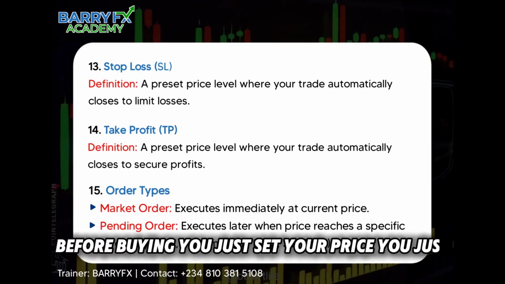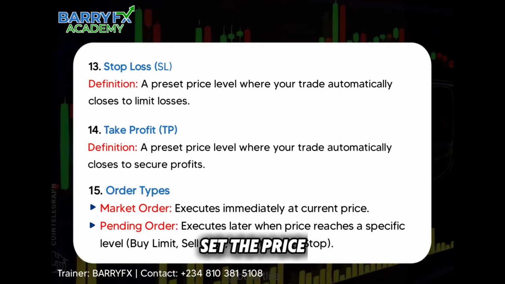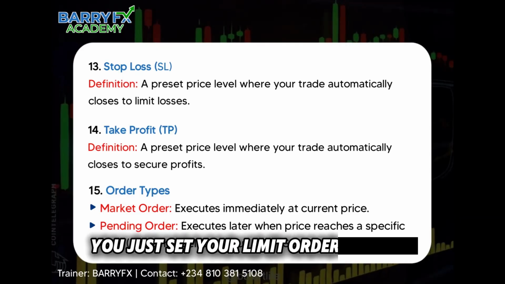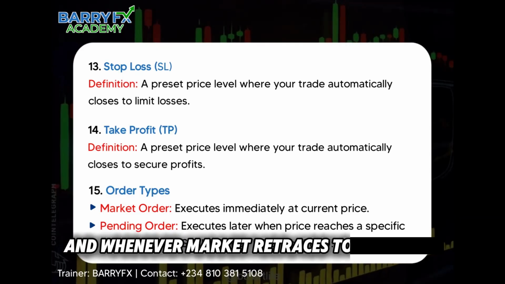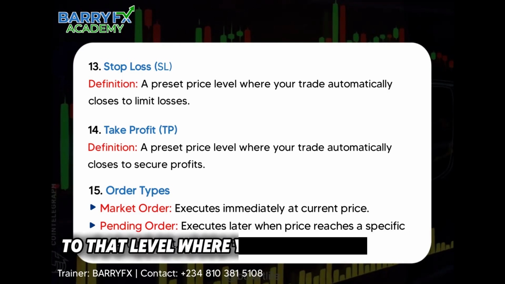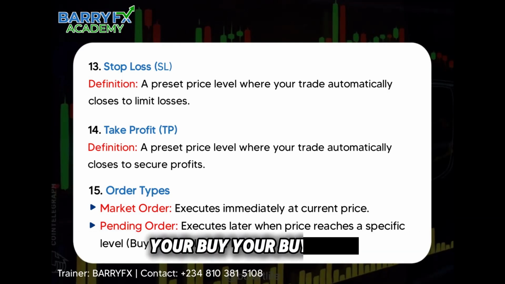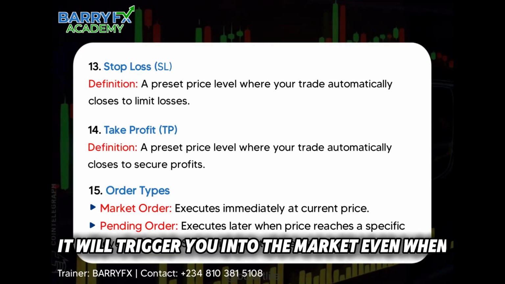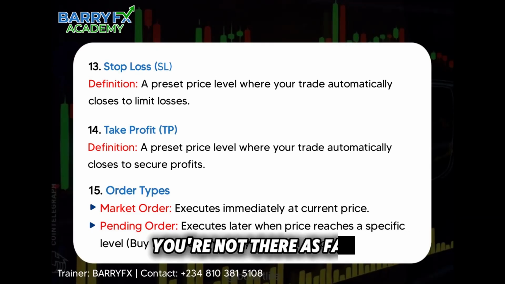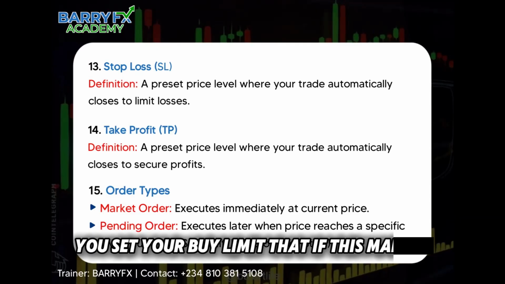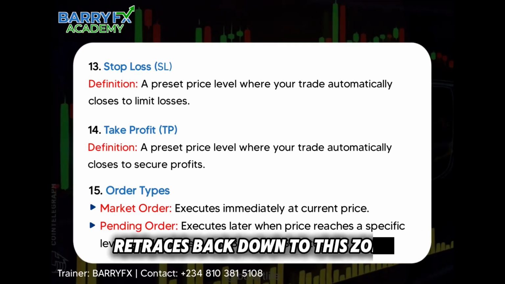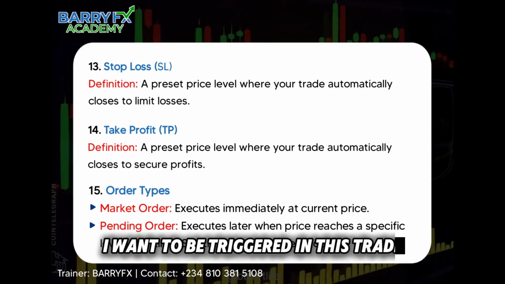You just set your limit order below the price, and whenever the market retraces to that zone where you set your buy limit, it will trigger you into the market even when you're not there. As far as you set your buy limit, if this market retraces from up back down to this zone, I want to be triggered in this trade.